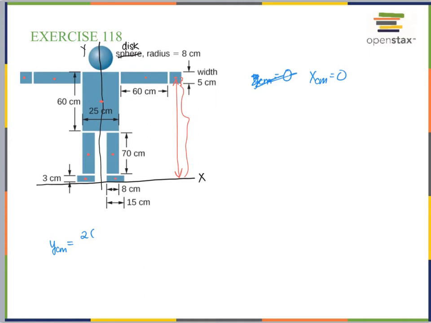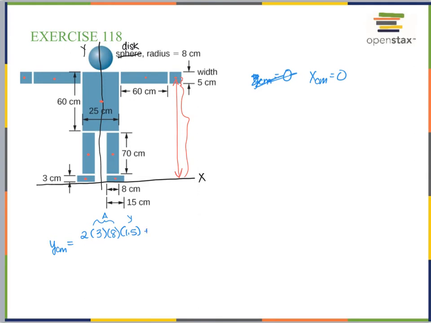The area of that is 3 centimeters high and 8 centimeters wide. And then what is the position of the center of that foot? Well, measured from the bottom of the foot, it's 1.5 centimeters, and so that's 1.5. So remember that this was the area and this was the y value, and I multiplied it by 2 because there were 2 of them.